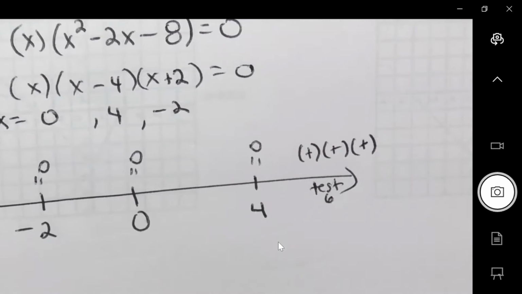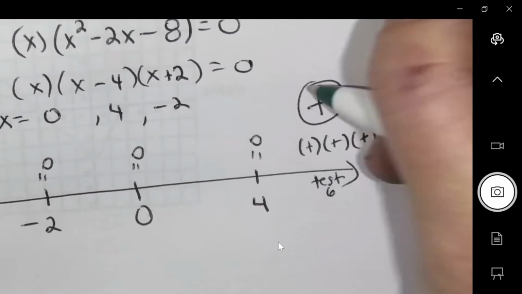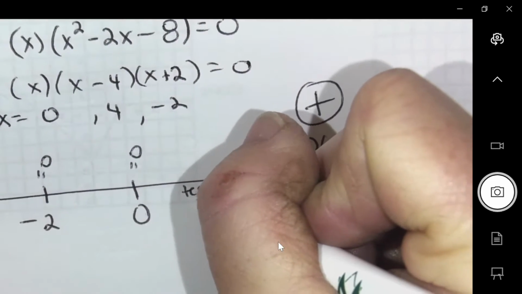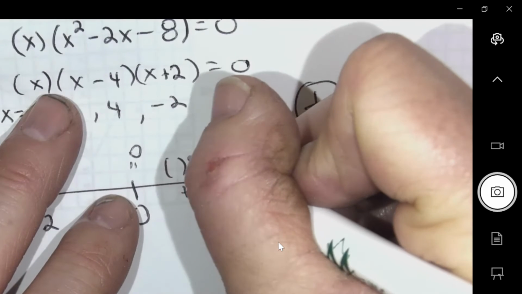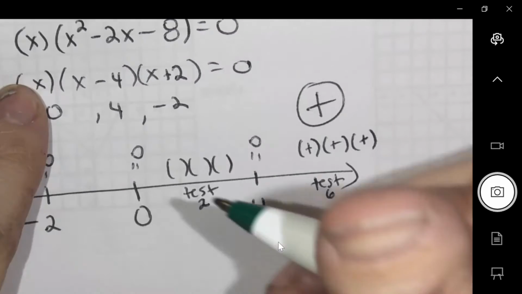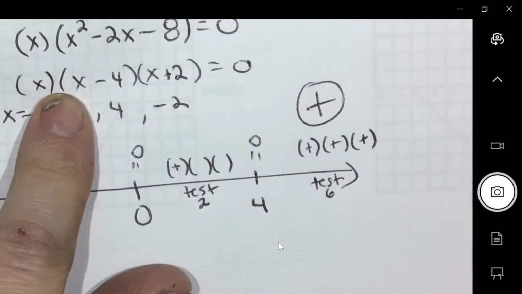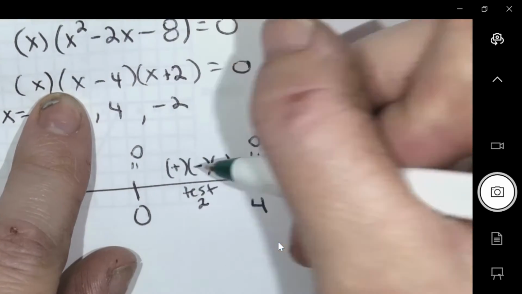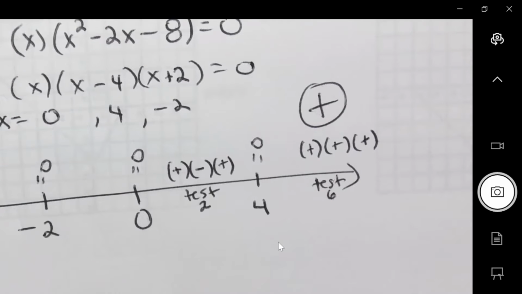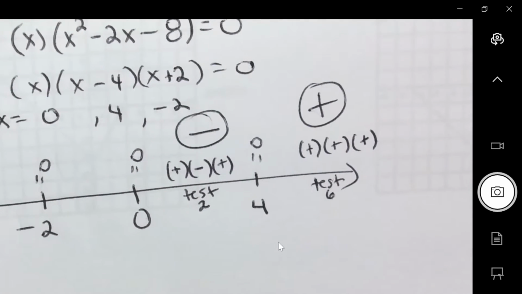So those 3 positives multiplied would make a positive. Now I'm going to test something like 2. 1, 2, 3, whatever you want in that zone. So 2, positive. 2 minus 4, that's negative. 2 plus 2 is positive. So if there was 1 negative in there, it's negative.